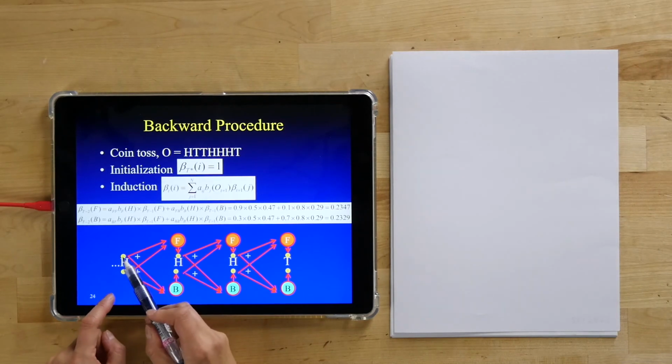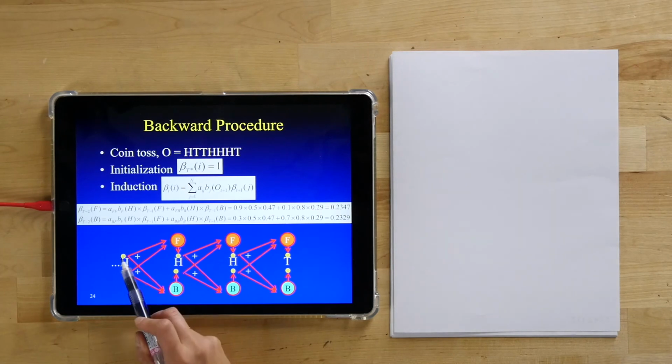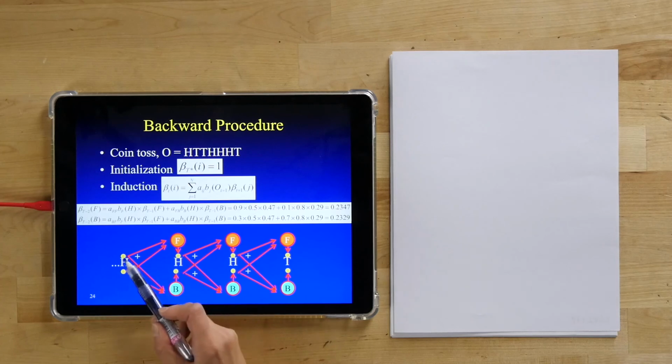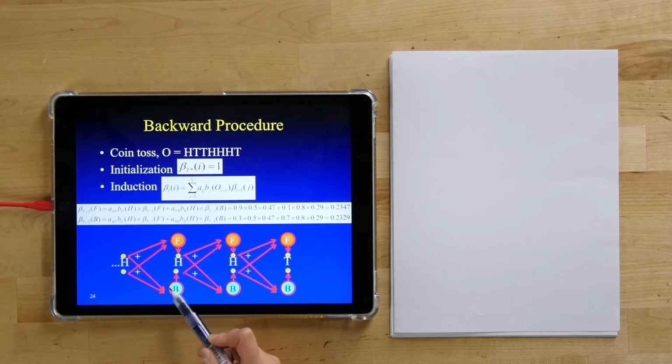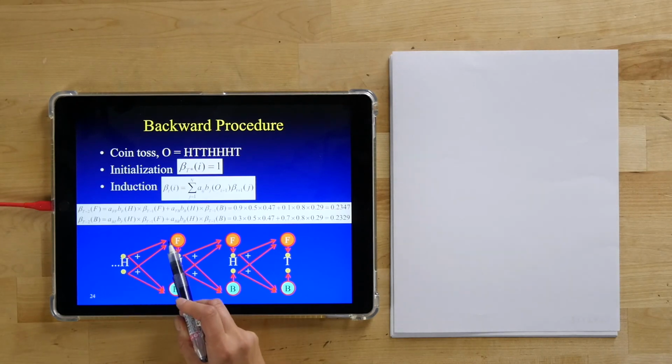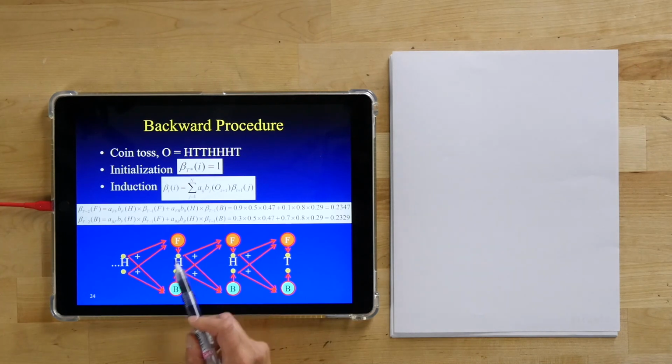In this case, in order to get this one, it's transition from fair to fair, emit the head and inherit this dot, plus transition from fair to biased, emit a head from biased coin and then inherit this yellow dot, and we sum them up. For this yellow dot, it's from biased to fair transition, from fair emit a head, and inherit here this yellow dot.